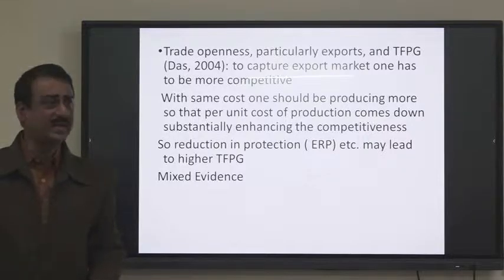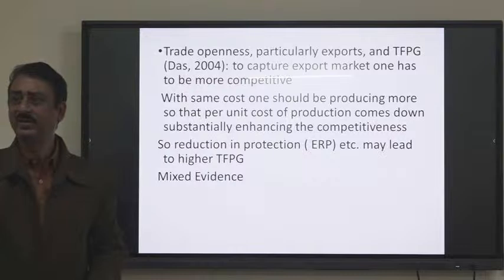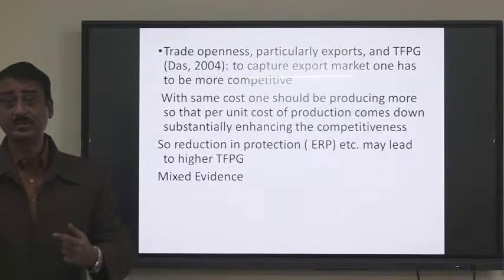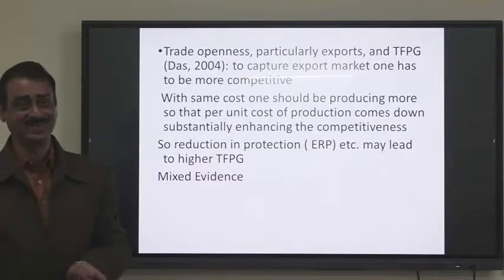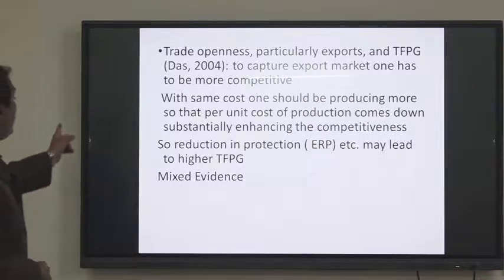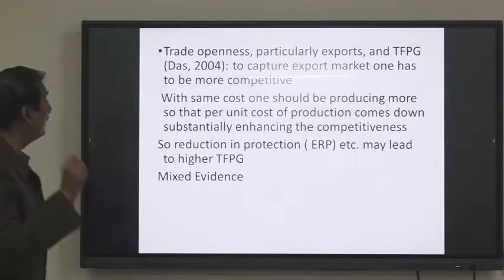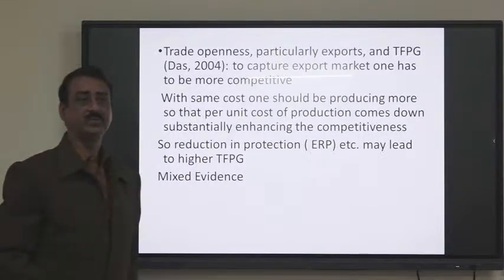Those countries feel that the quality of the product made in India is not good, so we don't want to buy it. You realize your mistakes, so you try to improve the quality. Improving the quality means what? Total factor productivity. You will try to raise the competitiveness of your product. So greater trade openness is said to be an important strategy for raising your total factor productivity.